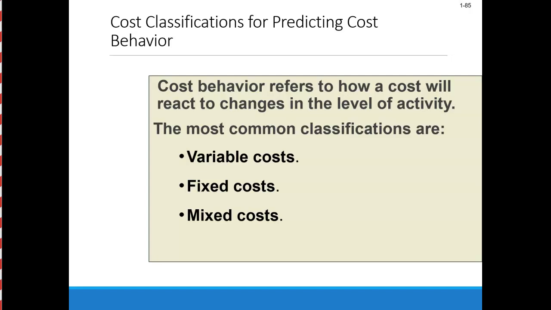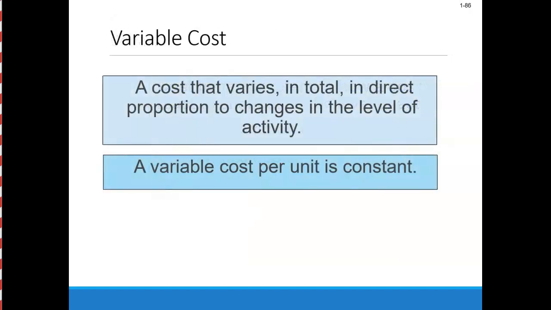The most common classifications are variable, fixed, and mixed costs. A variable cost is a cost that varies in total in direct proportion to changes in the level of activity. A variable cost per unit is constant. Okay?